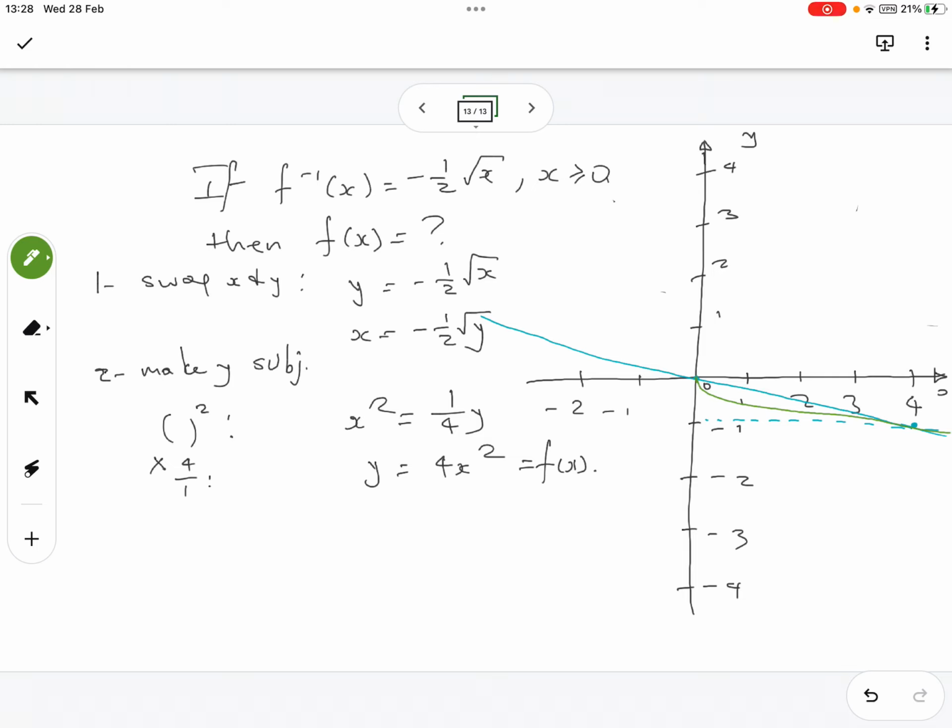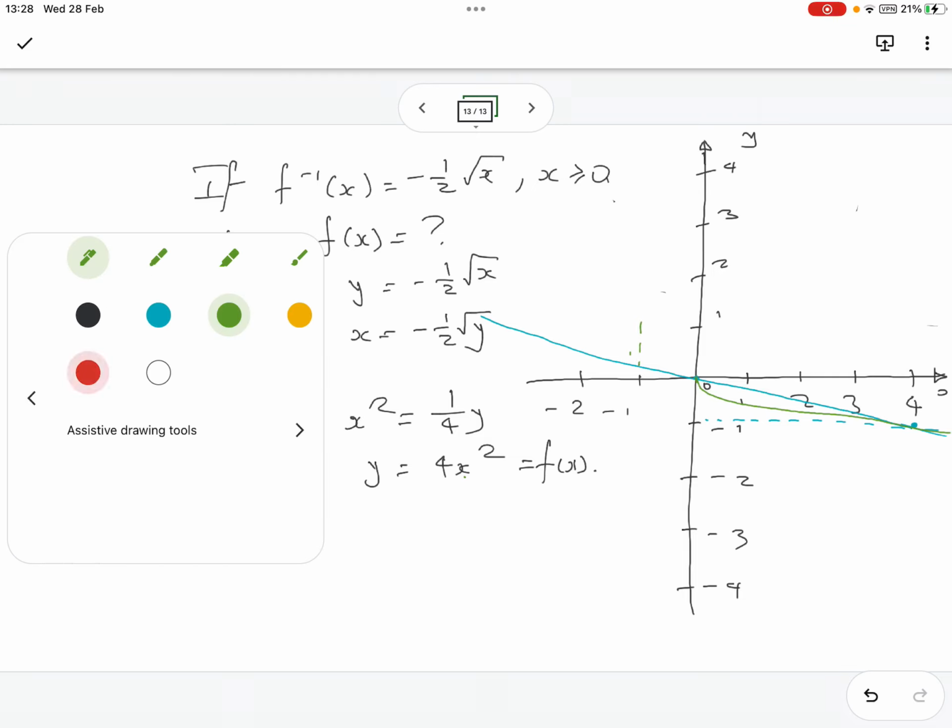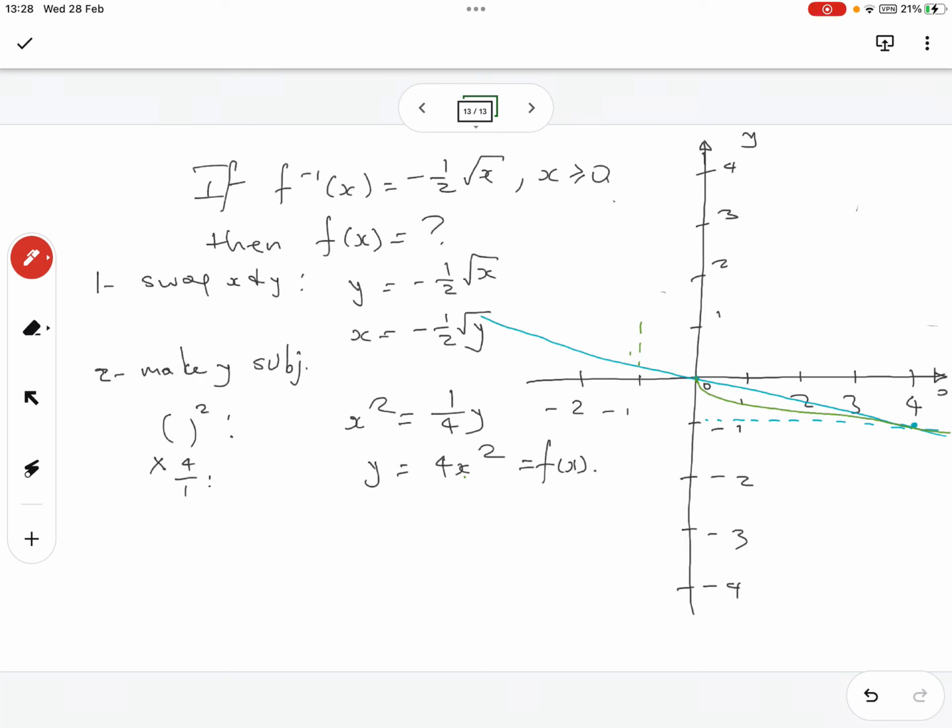Okay. Then for 4x squared, when x is negative 2, we get 16, and when x is 1, we get 4. So I'll make it red. But first, erase these green dotted lines.